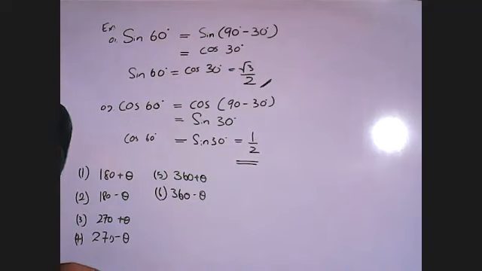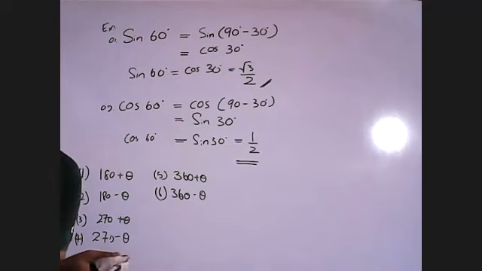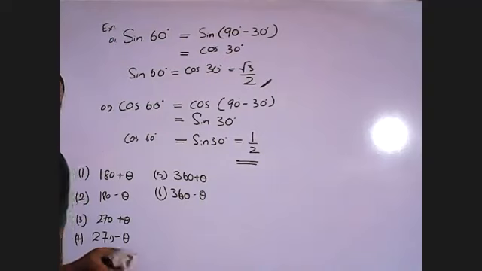Third and fourth. You mean 1 and 2 means 180 plus theta and 180 minus theta, or the previous 1 and 2?